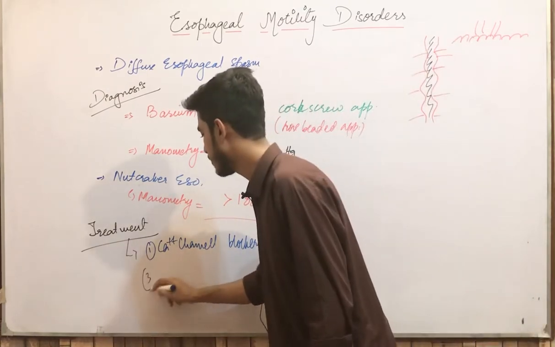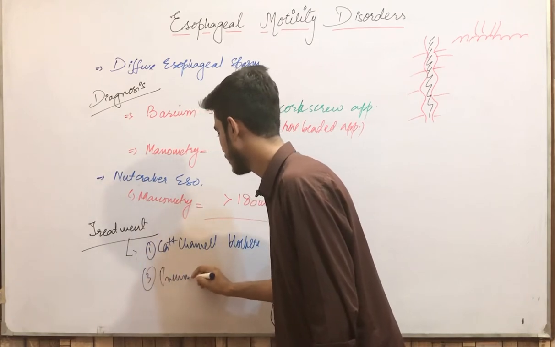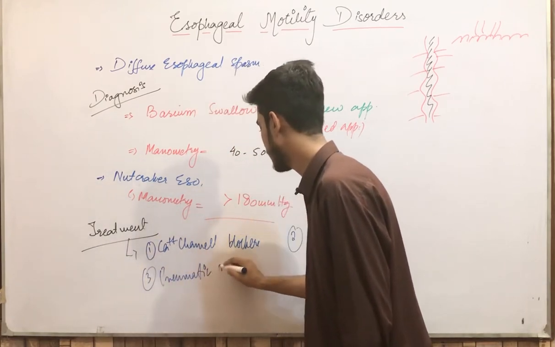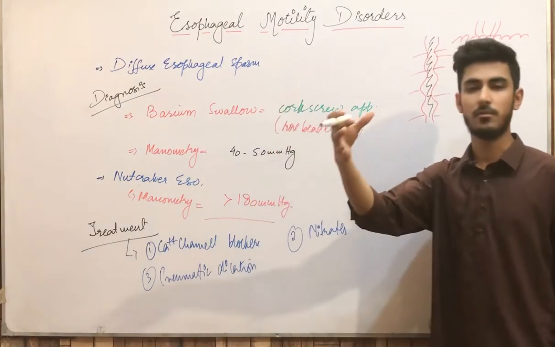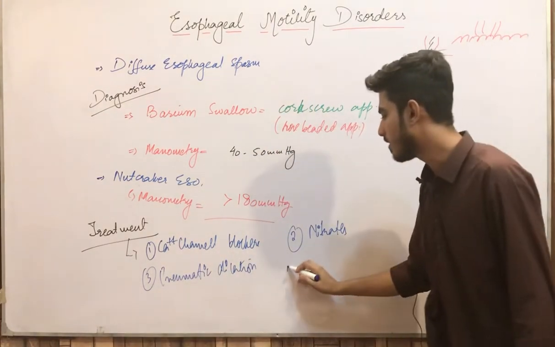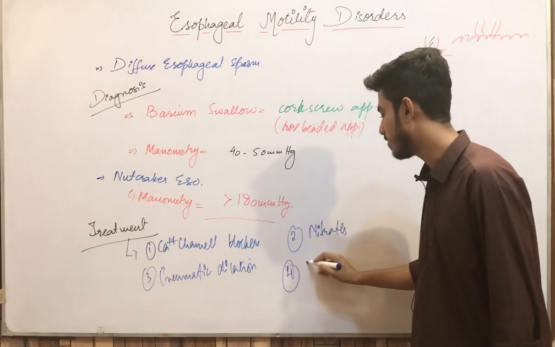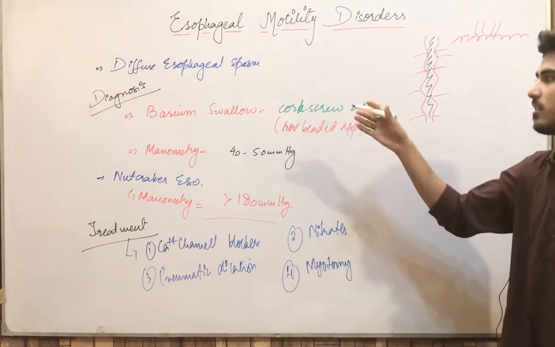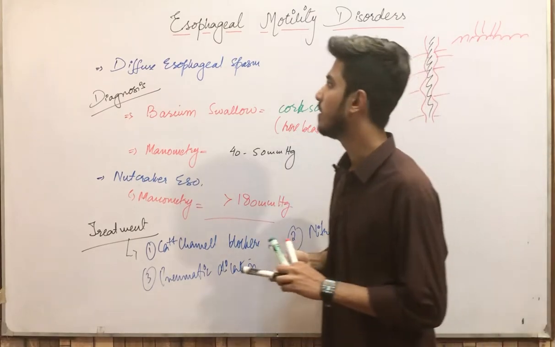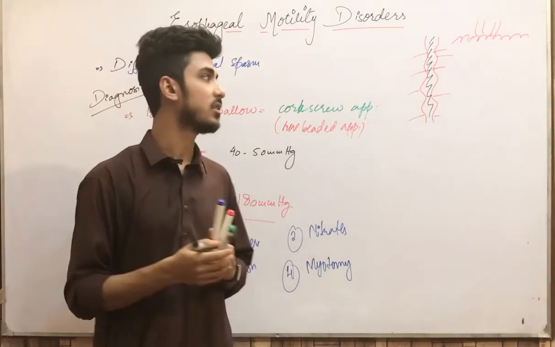You will carry out pneumatic balloon dilation, means you will insert the balloon and dilate that part of the esophagus. Then after that you can do surgical myotomy. Clear? These are the treatment options for diffuse esophageal spasm and nutcracker esophagus.